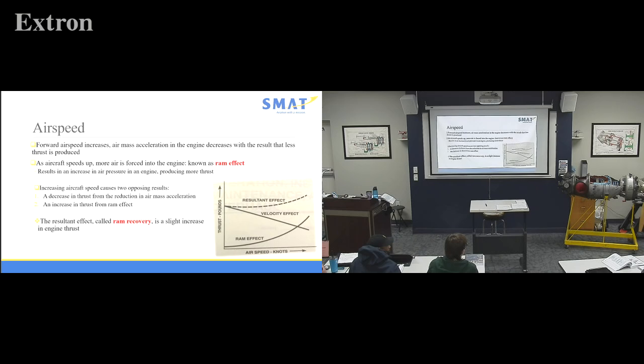As the aircraft engine starts to move forward, the air mass going through the engine decreases, so our thrust decreases a little bit until we're going, now this is my forward airflow, fast enough, and I have enough ram effect to overcome the loss in forward speed.